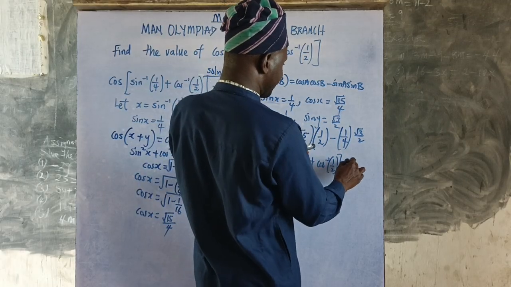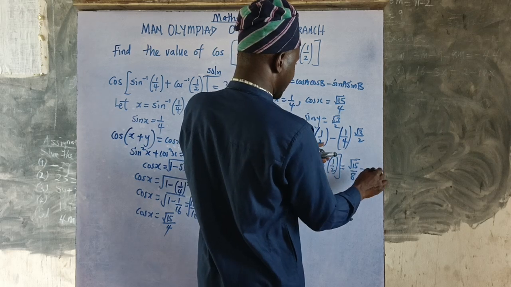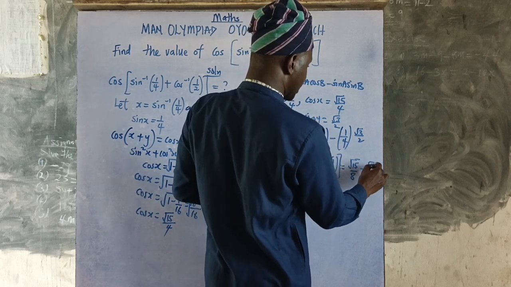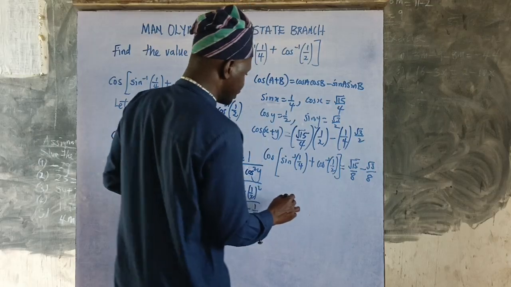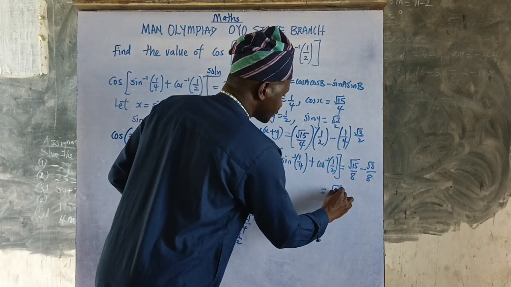So root 15 over 4 multiplied by 1 over 2 will give us root 15 over 8, minus 1 over 4 multiplied by root 3 over 2 will give us root 3 over 8.